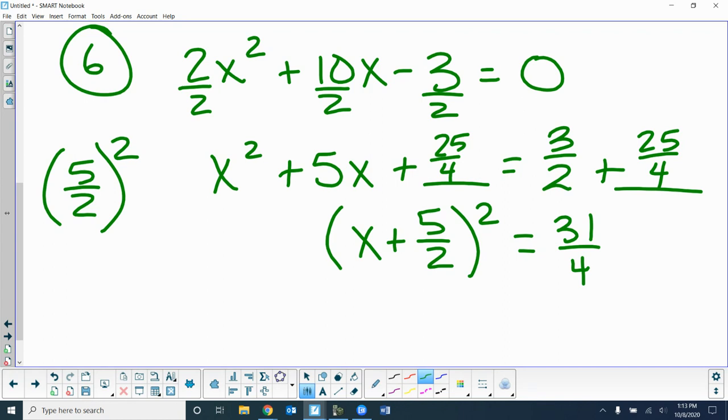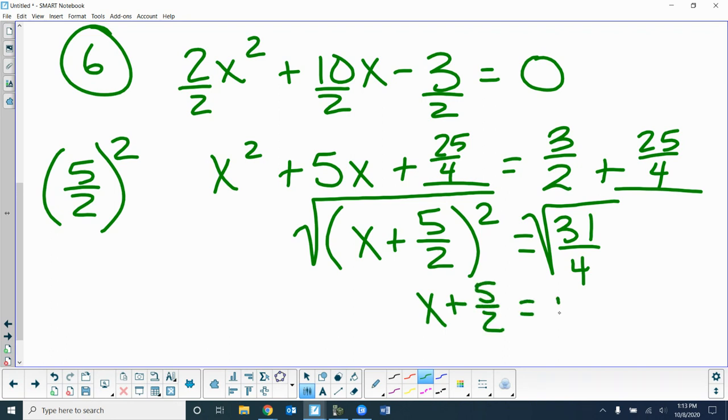Now what? Square root, right? So I get x plus 5 halves equals plus or minus the square root of 31 over 4. Square root doesn't do anything, you know, we can't make it any simpler, but the square root of 4 is 2.